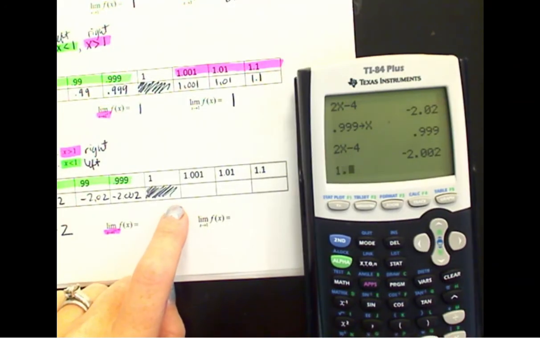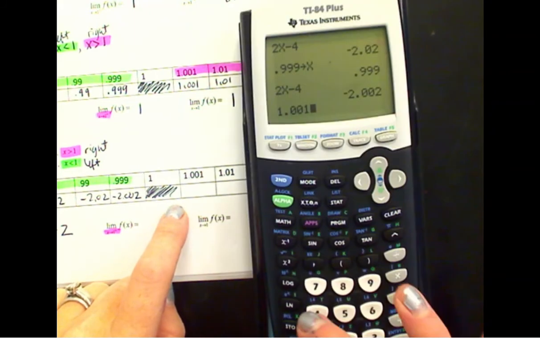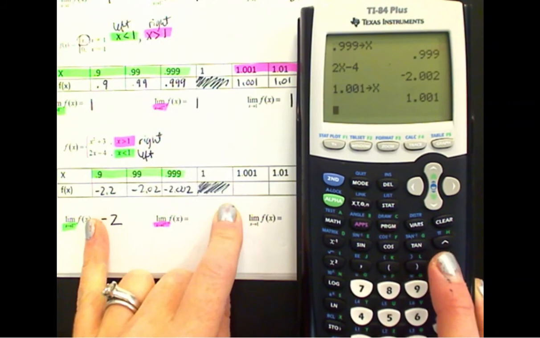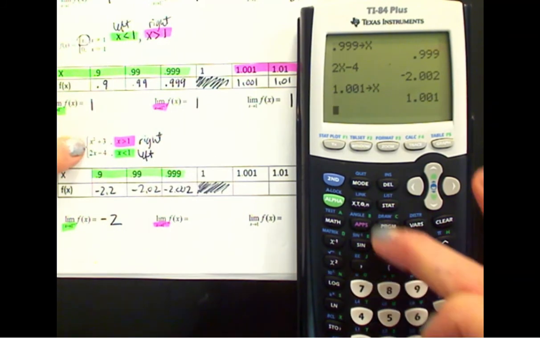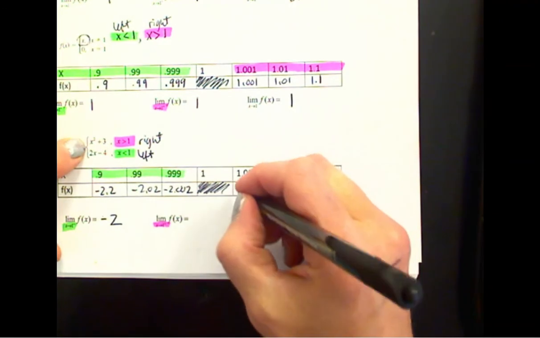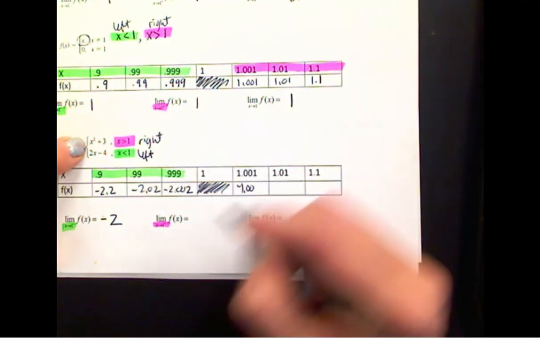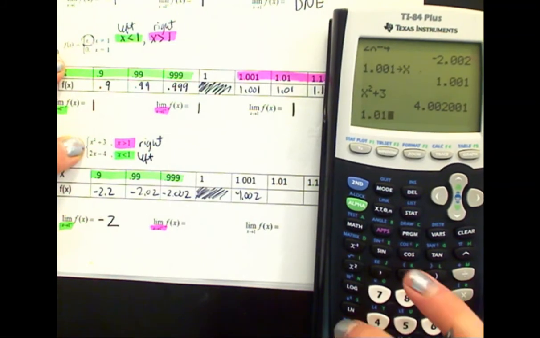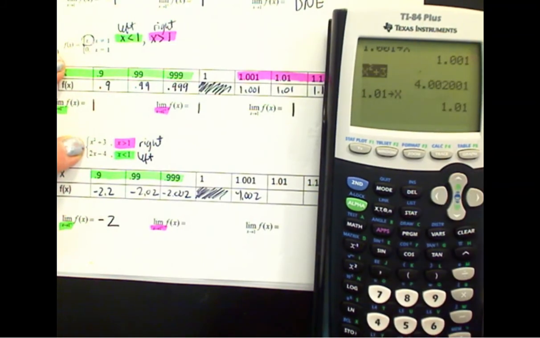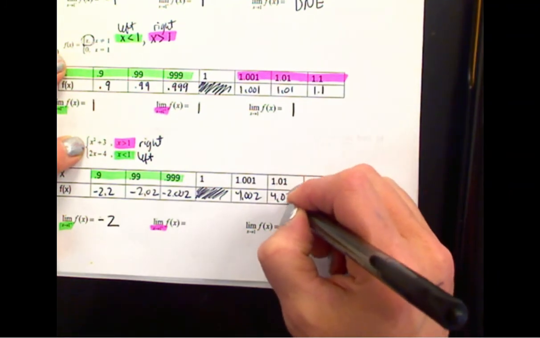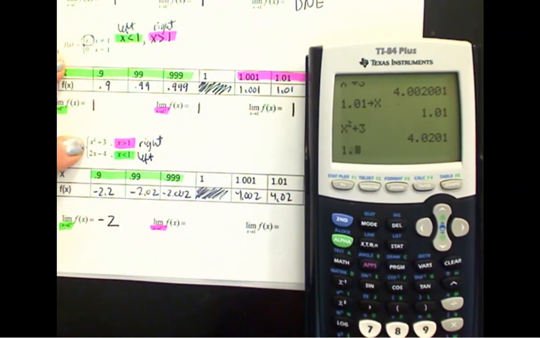Okay, 1.001 for x. Except on the right, I have to use the x squared plus 3. 4.002. Okay, 1.01 for x. 4.02. 1.1.